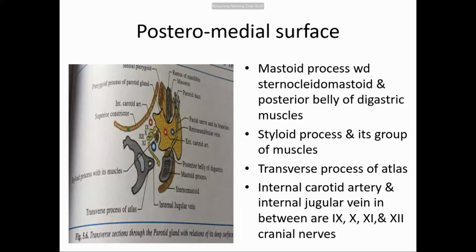These are the three muscles which arise from the styloid process. And the vessels are the internal carotid artery anteriorly, posteriorly the internal jugular vein, and in between them are the 9th, 10th, 11th and 12th cranial nerves.